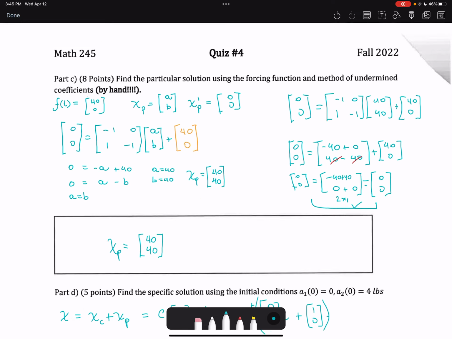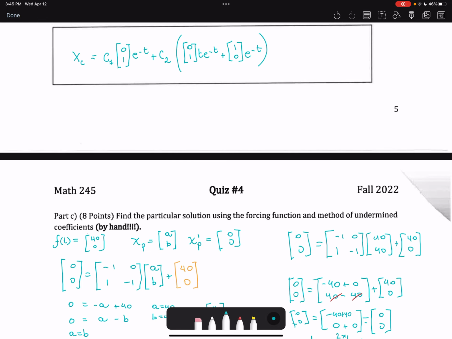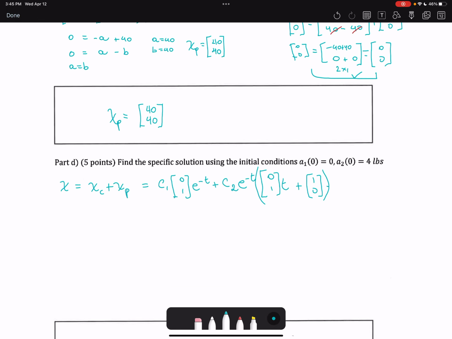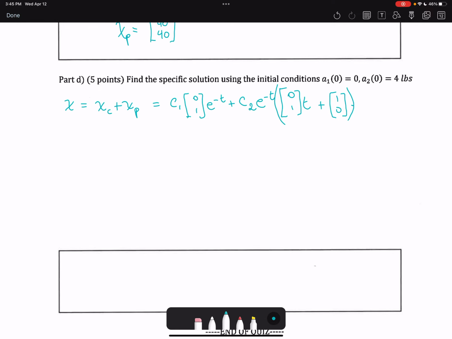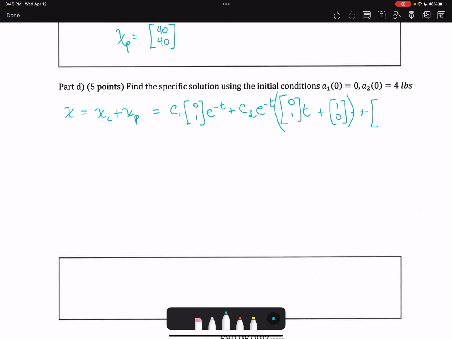That's it, right? If I factor out the e to the -t. And then we're going to add the particular solution, which is 40, 40.